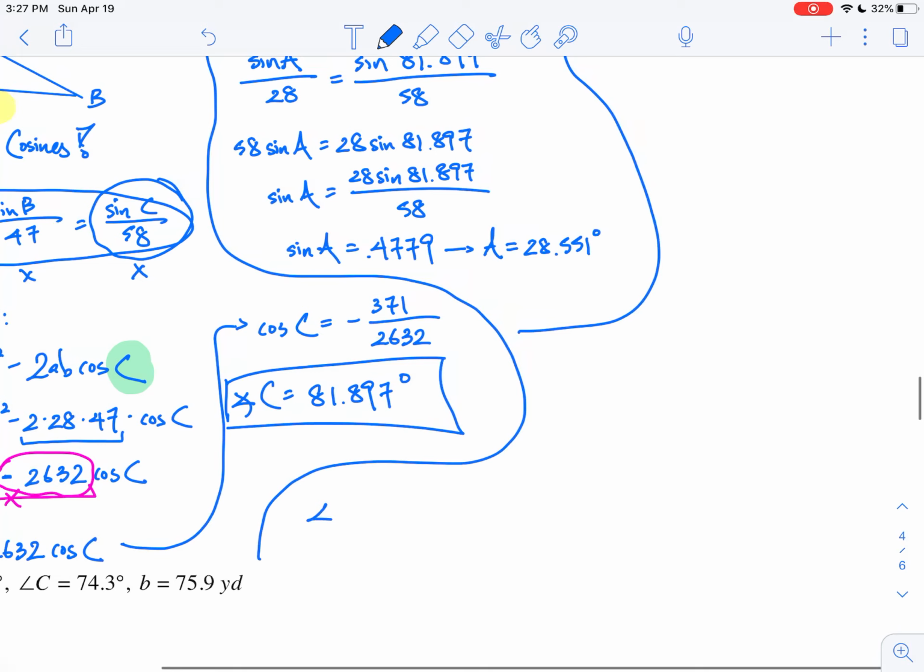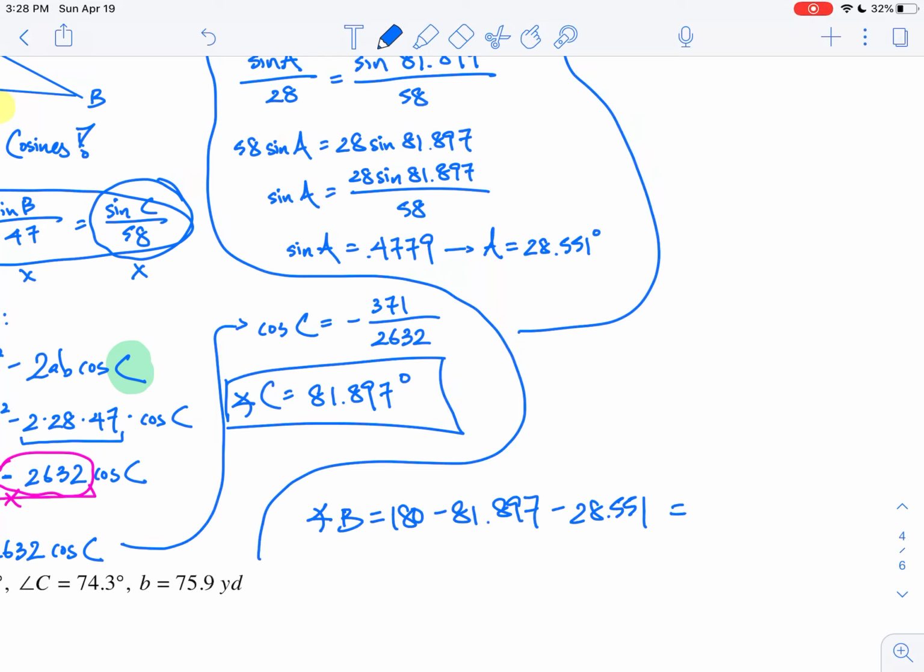So I'm going to find angle B, I'm going to do 180 minus 81.897 minus 28.551, which will give me 69.552 as my angle B.